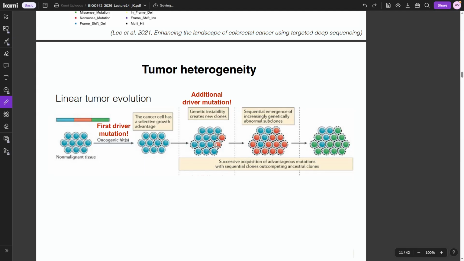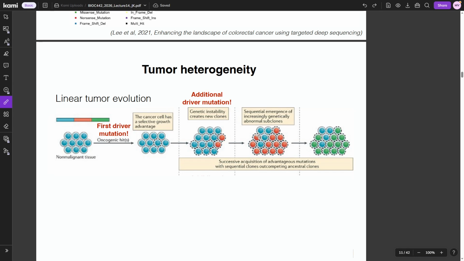And eventually, this cell just continues to divide, and it continues to divide, and you get a bunch of cells that are genetically unstable. And so, this cell will continue to divide over and over again, gain these advantageous mutations that help it with staying cancerous and evading immune system detection. And so what basically happens is that these new clones will outcompete the old ones, right?